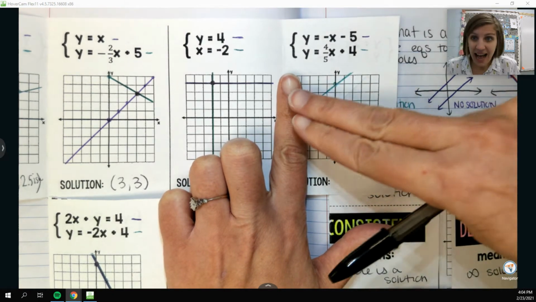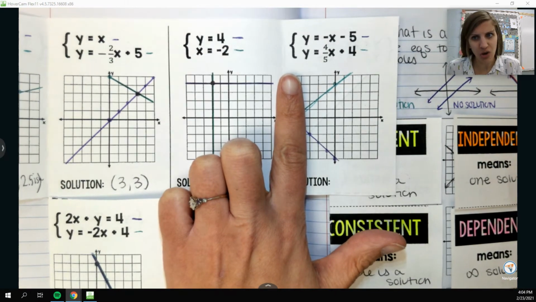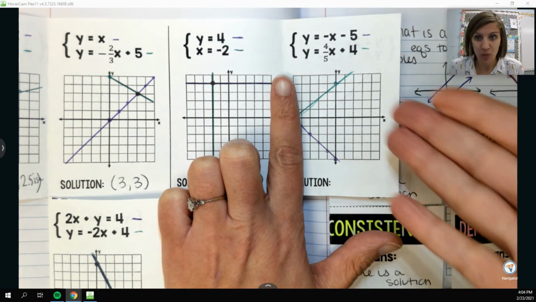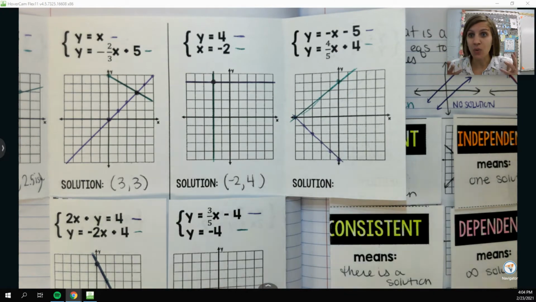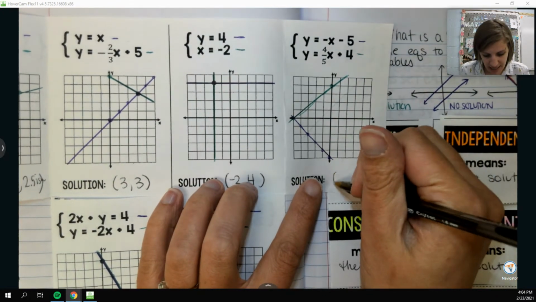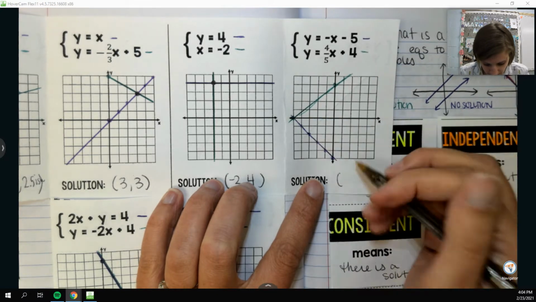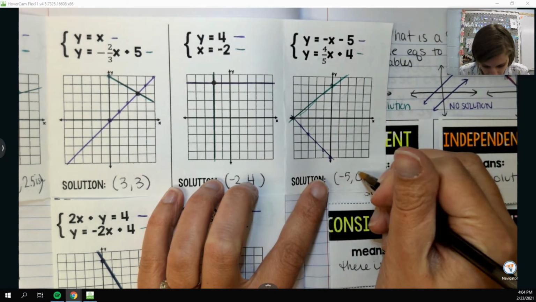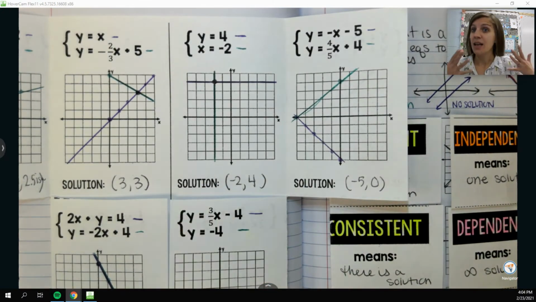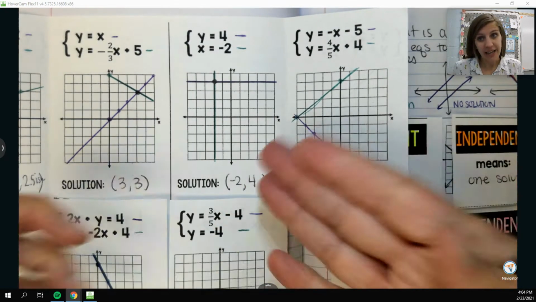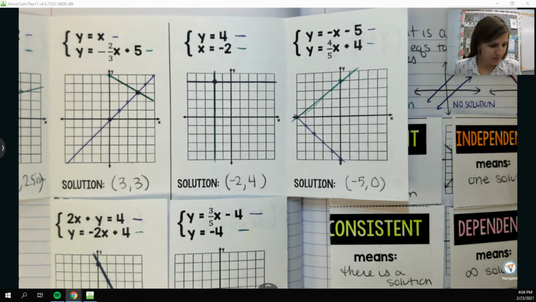I knew it would have one because the lines are going to cross. But if I can't see it because of how small my graph is, I don't know what to put down. Now, in this case, we did get lucky, and we can see that it's crossing at negative 1, 2, 3, 4, 5, comma 0. But eventually, we're going to need to know those other ways to solve in case my graph's not big enough.